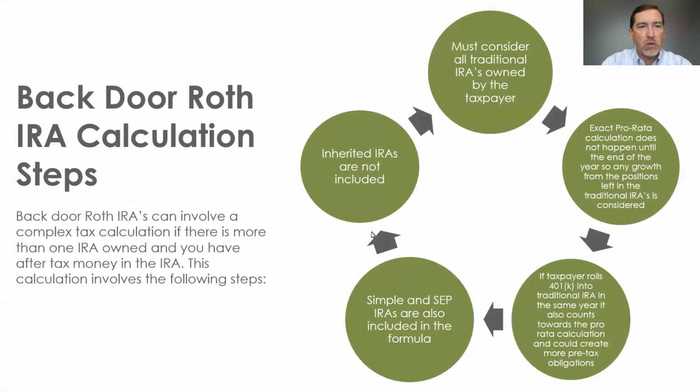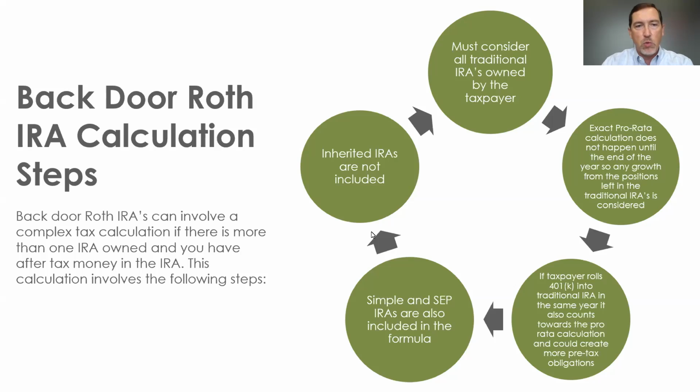A backdoor Roth involves complex tax calculations, especially if you have assets that you've put into a traditional IRA that have already been taxed. Here are the steps for the backdoor calculation. You have to consider all traditional IRAs owned by the taxpayer.